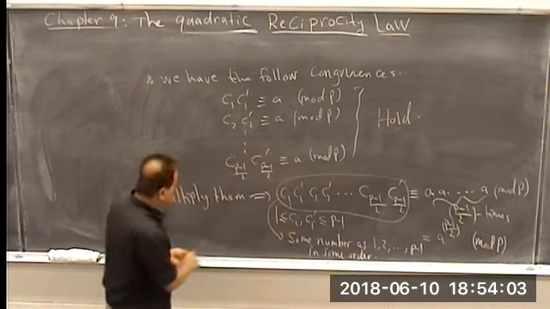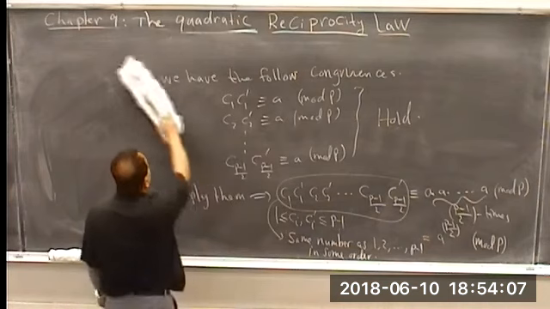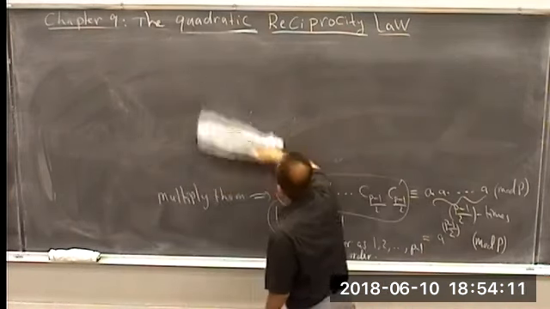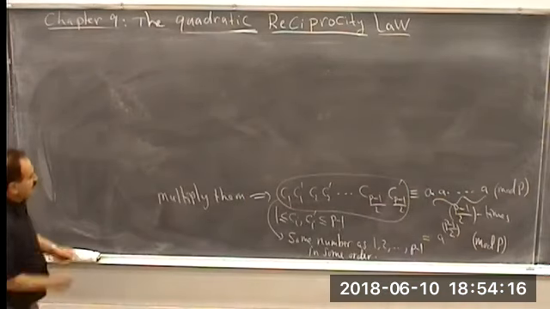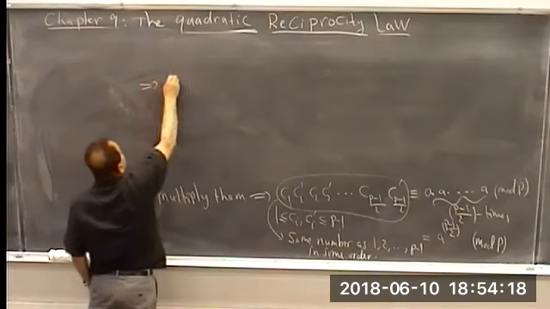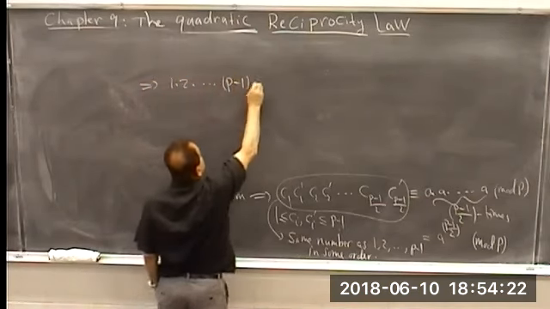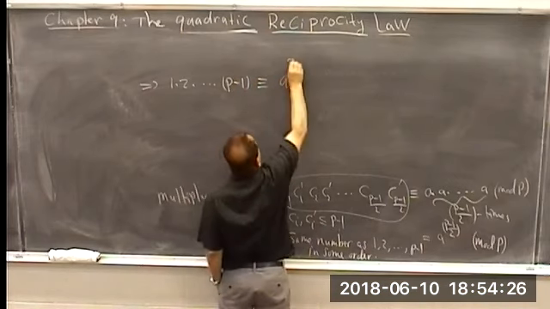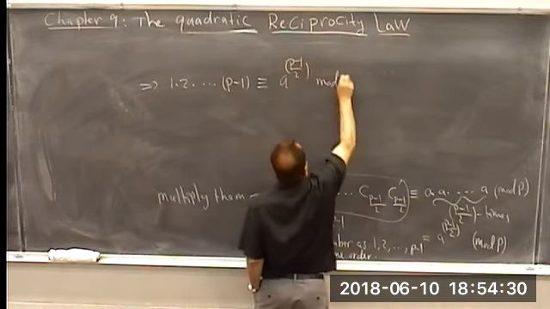So the product is going to be the same as the product of 1 to P minus 1. So from here, we obtain the left side is going to be like this, and this is congruent to A to the power P minus 1 over 2 mod P.